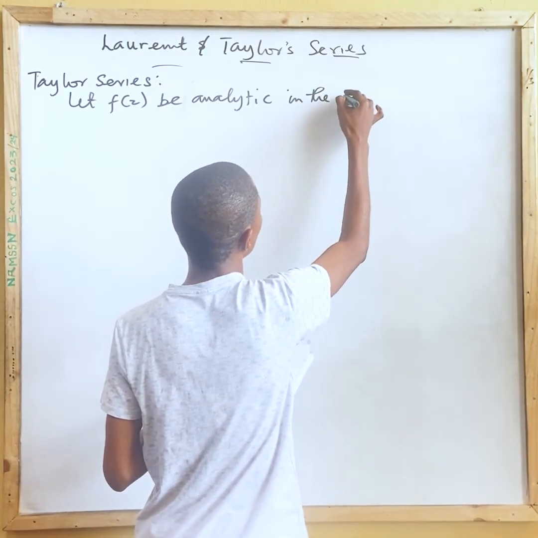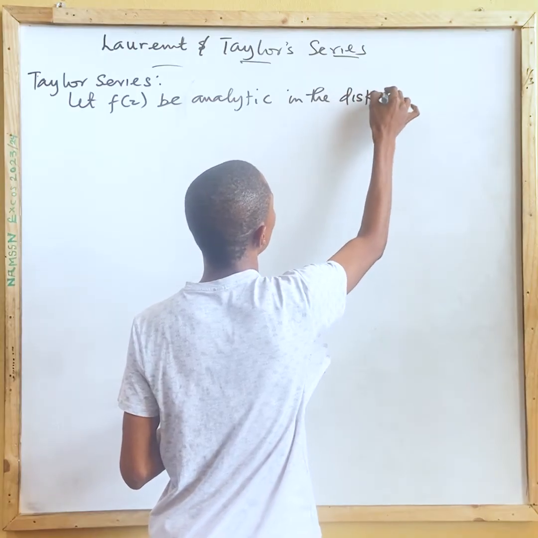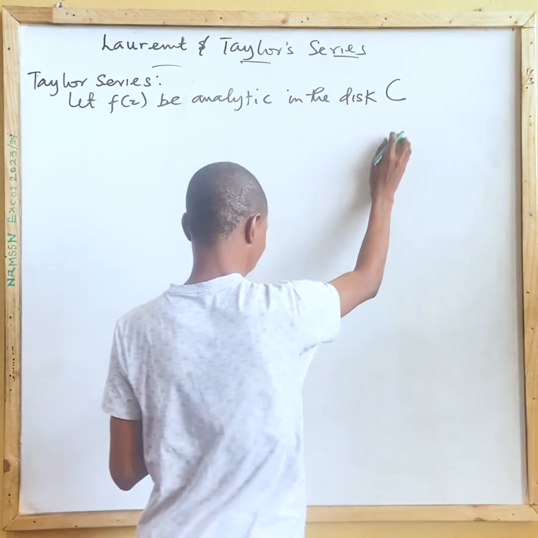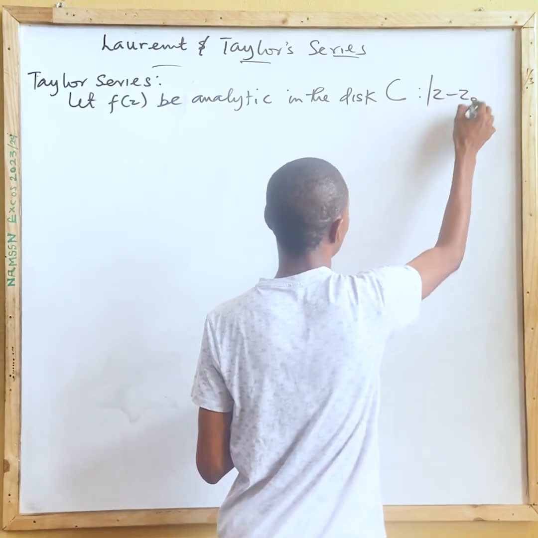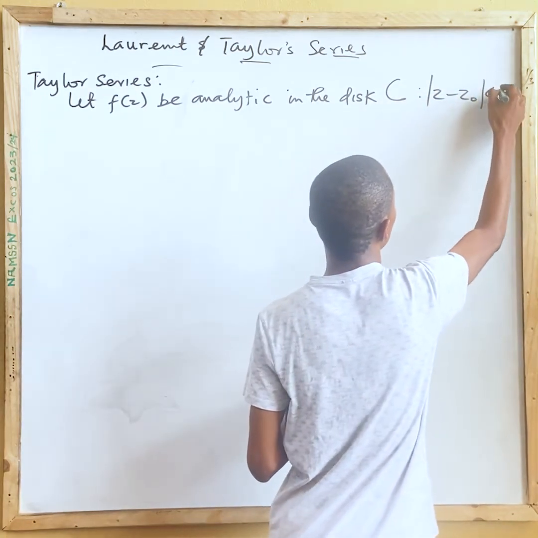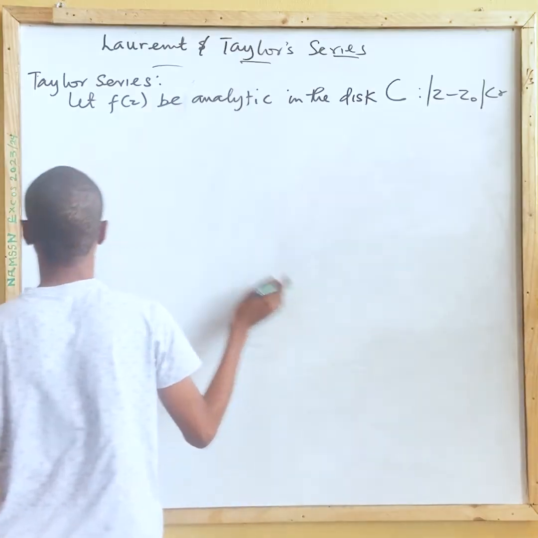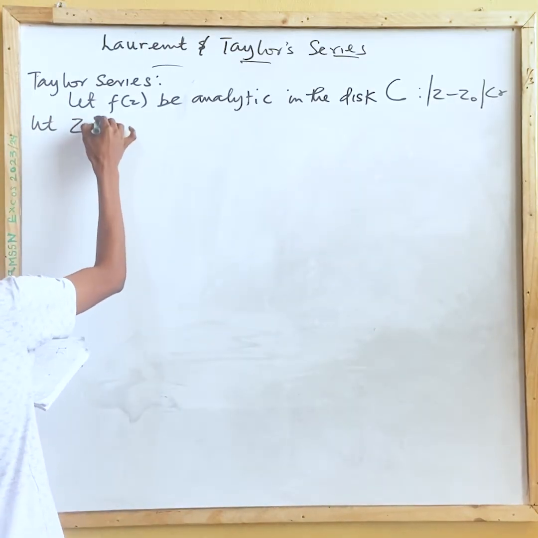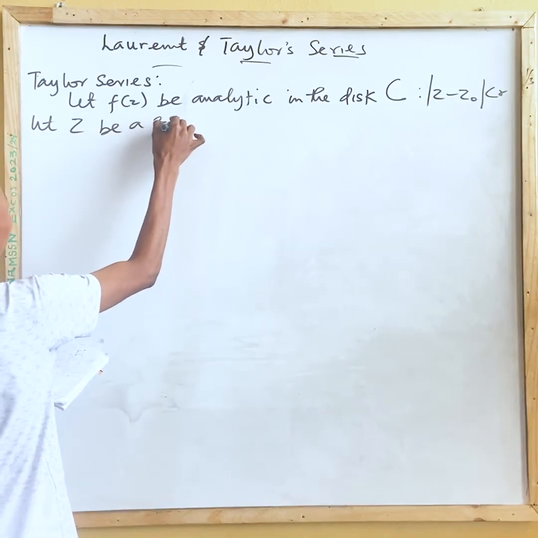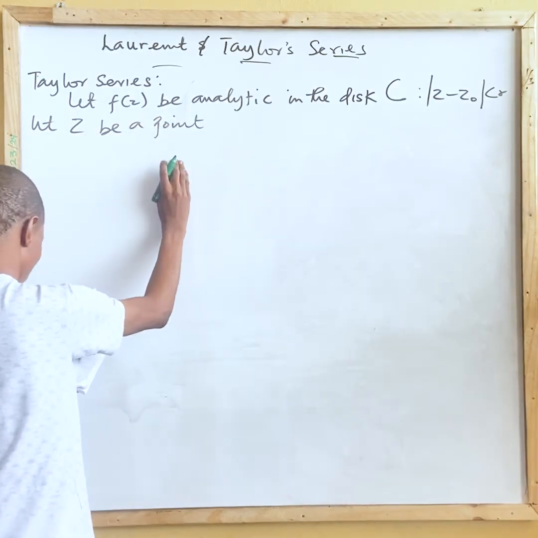Let's say inside the disk, let's call the disk C, such that the absolute value of z minus z naught is less than r. And let z be a point in the disk.